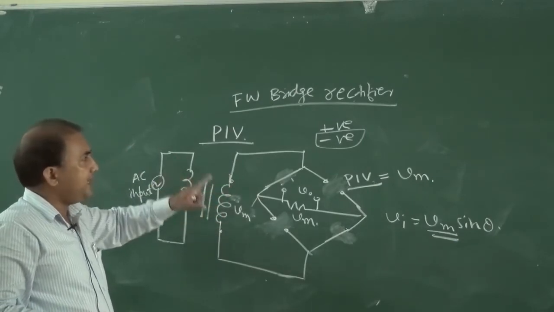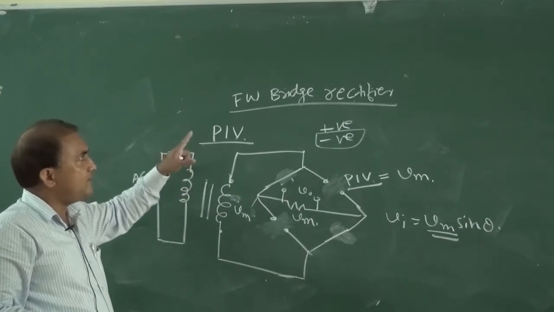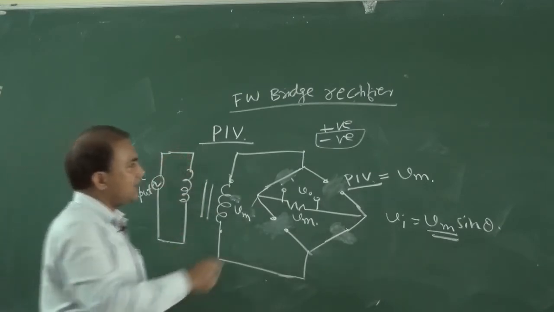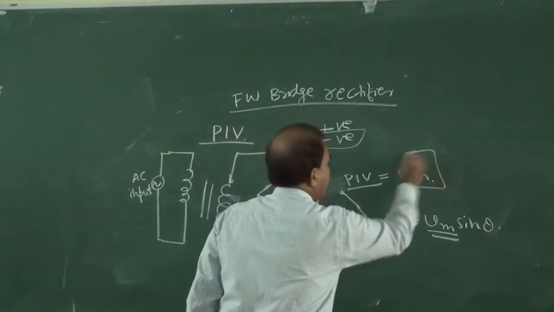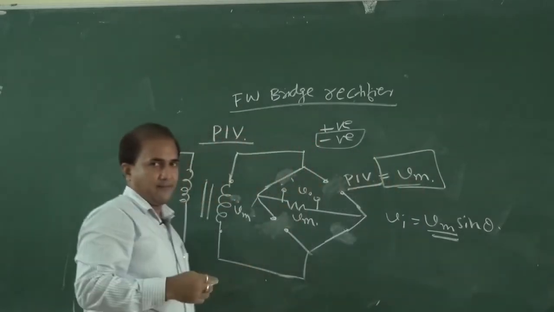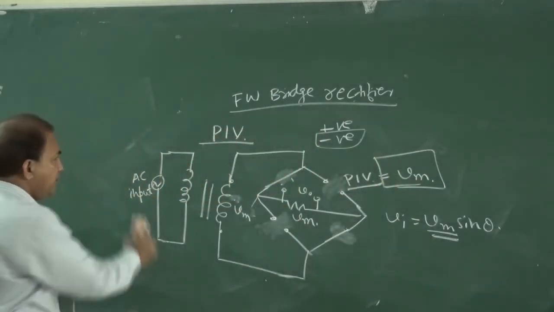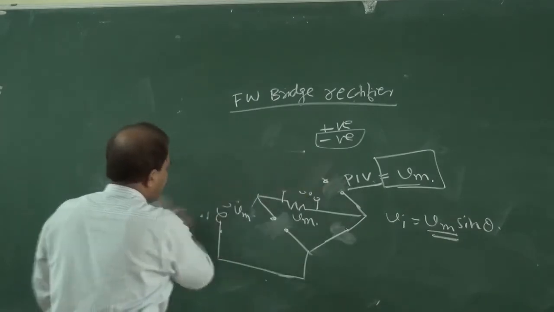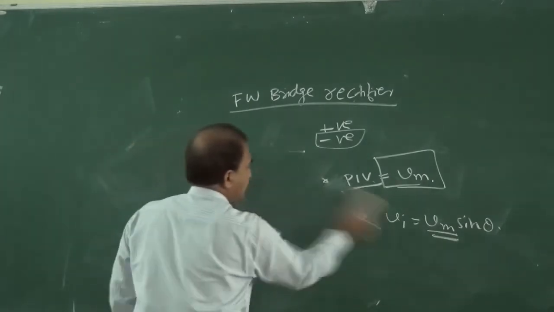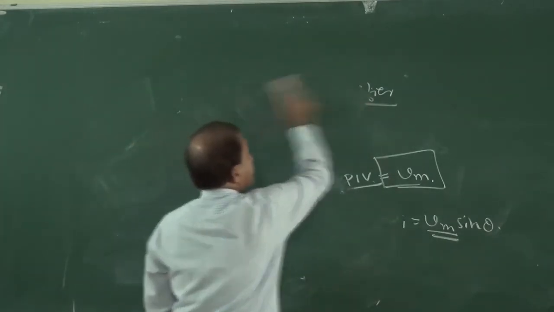So the peak inverse voltage in case of a full wave bridge rectifier circuit is equal to Vm. So we have studied three types of rectifier circuit.